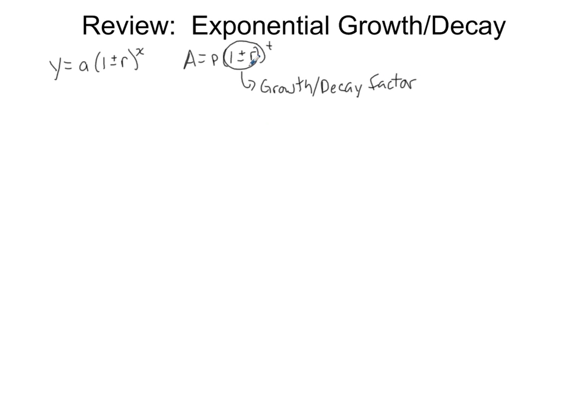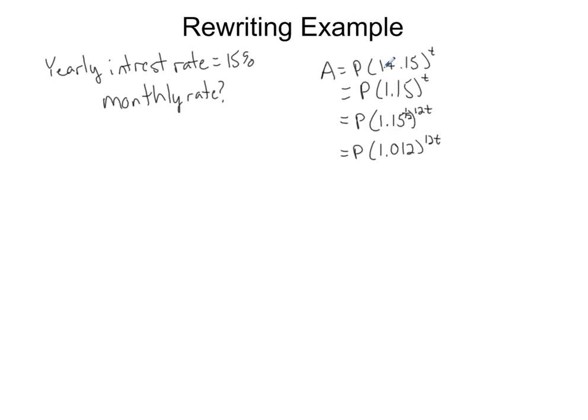The r is the rate. So we don't need the 1 part there. We just need the 0.012, which is 1.2%. So it's a 1.2% monthly interest rate.